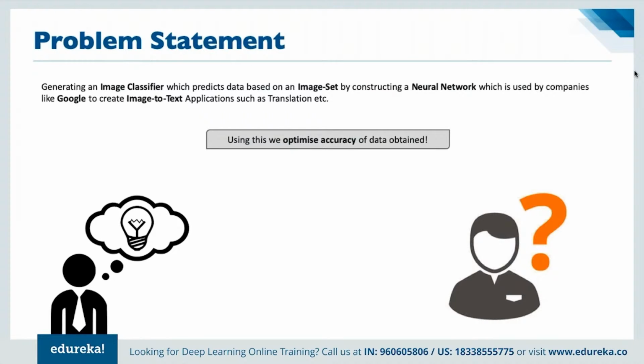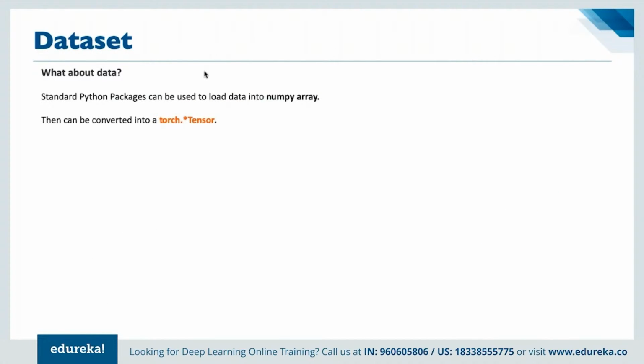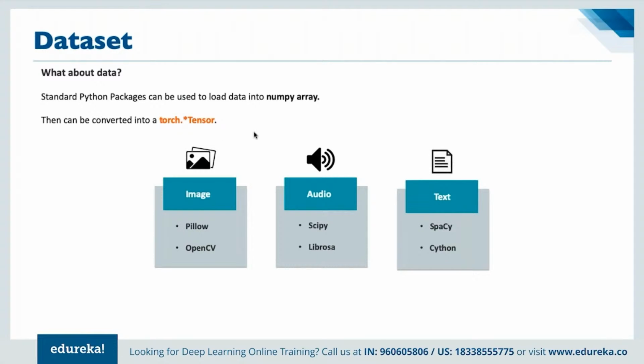If we are looking for data sets here, standard Python packages can be used to load data into a NumPy array, which can then be converted into a Torch tensor, which we have seen already. There are already different data sets available. For images, we have Pillow and OpenCV. For audio, we have SciPy and Librosa.